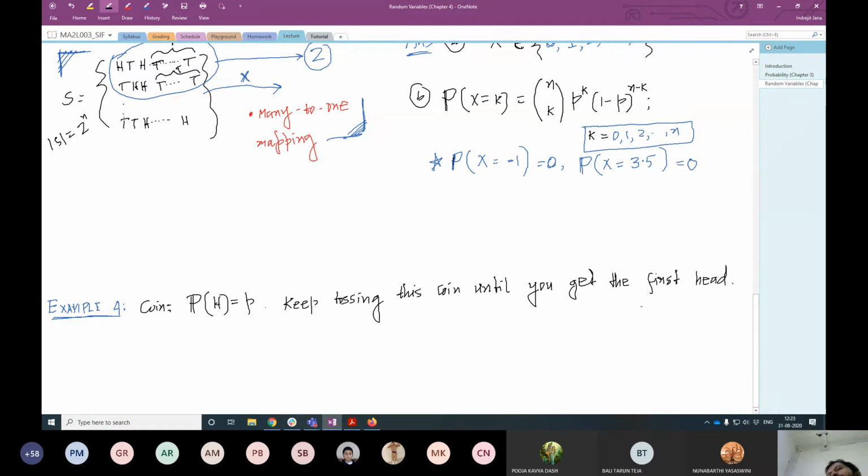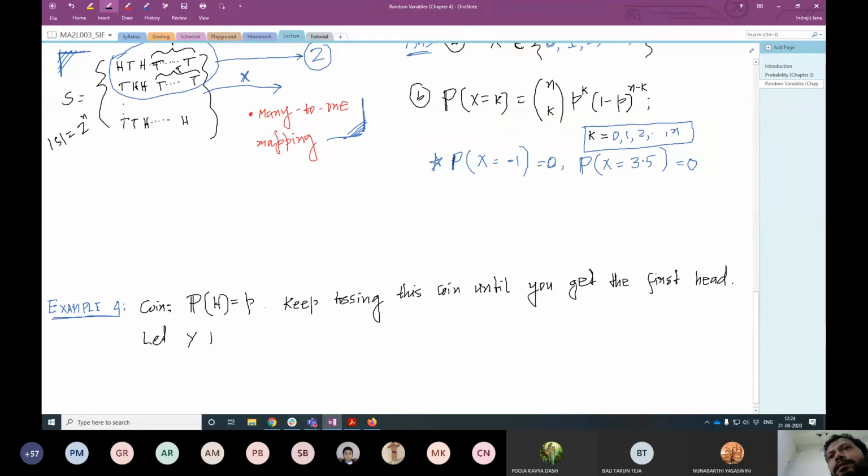What does it mean? Suppose you toss a coin. If you get a head, you stop there. If you get a tail, you toss it again. And if you get a tail again, you toss it again. So you keep tossing until you hit a head. Now, what is the random variable here?